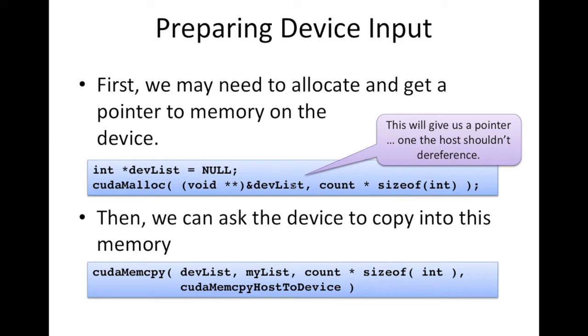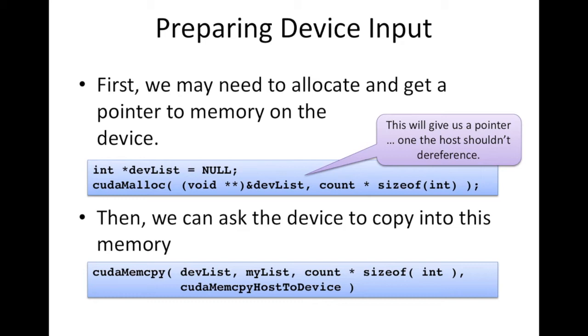Cuda malloc expects a pass by address parameter for that. So this first parameter is kind of like the return value for your pointer. To use Cuda malloc, like I've shown, you have to make a pointer beforehand, and then when you call Cuda malloc, you give it the address of your pointer, and it fills in that pointer with the address of whatever memory it can find for you.